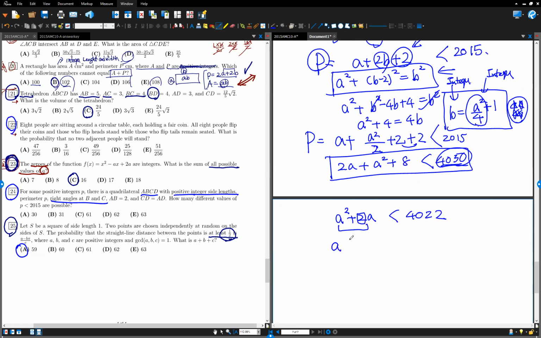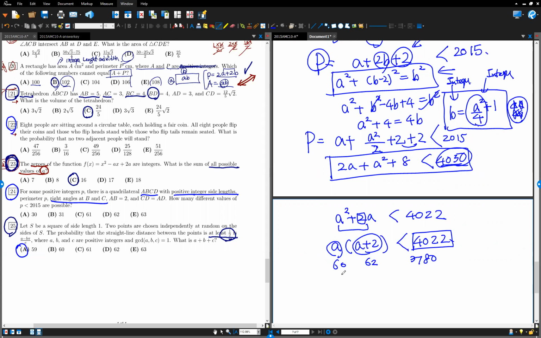So a is common. That's product form, isn't it? Now this is a product form, because the difference is 2. For what value of a is the product less than this number? 60 times 60, or you can use 60 times 62: 3,720.